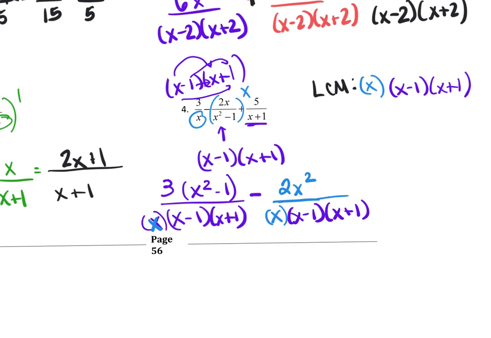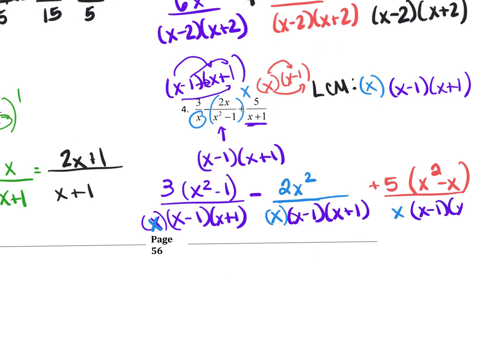And then that last one will be, I'm missing the x minus 1 and an x. So this last one is missing x and x minus 1, which will be plus 5 times x squared minus x, when I distribute it out like this. And this bottom will be just x times x minus 1, x plus 1.